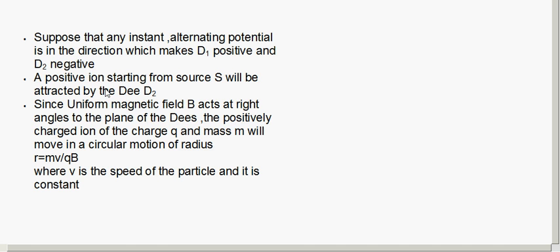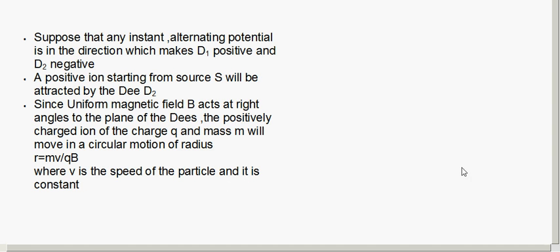A positive ion starting from source S will be attracted by D2. Since uniform magnetic field B acts at right angles to the plane of the Ds, the positively charged ion of charge q and mass m will move in a circular motion of radius mv divided by qB, where v is the speed of the particle, and for the time being it is constant inside that D.